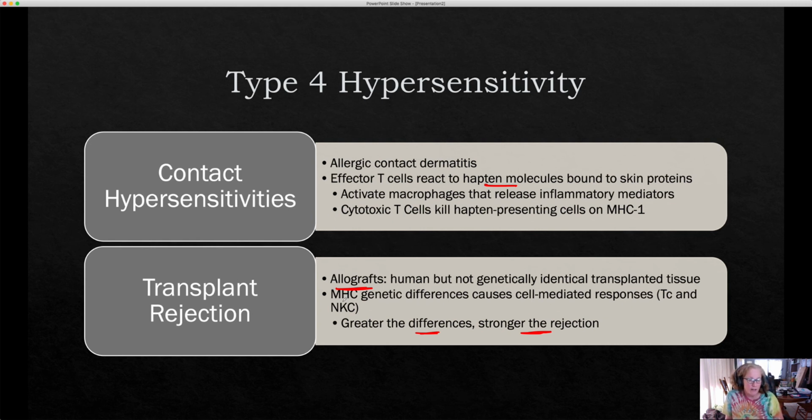So that's why it's called an allograft. So they're not genetically identical, but the tissue's been transplanted anyway. So people who receive organ transplants oftentimes have to be on long-term immunosuppressants to suppress the cytotoxic T cell response so that they don't reject the organ that they received.